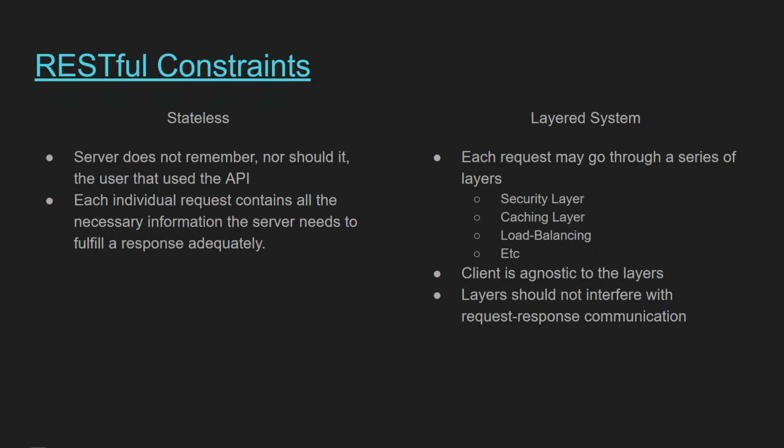But the actual API itself, like how the resources work, should never keep track of the state explicitly. You can add mechanisms on top of it, but at the end of the day, the APIs should always be stateless. Each individual request contains all the necessary information the server needs to fulfill a response adequately.